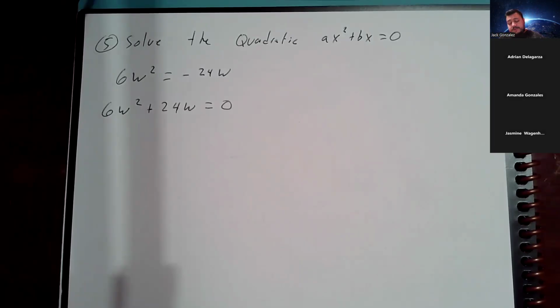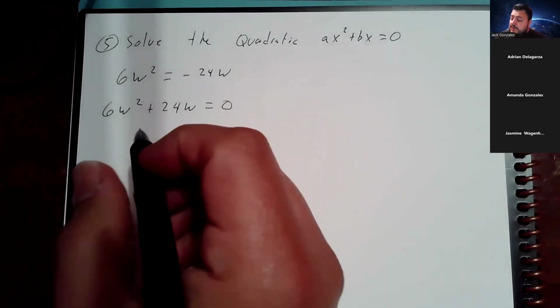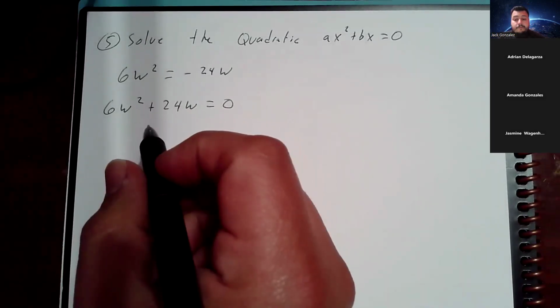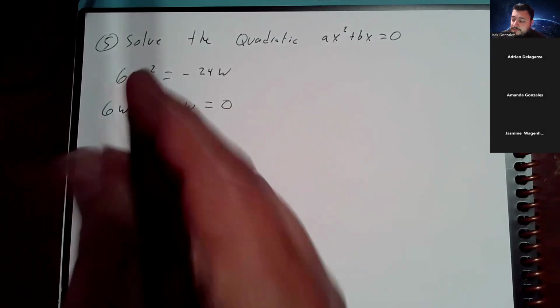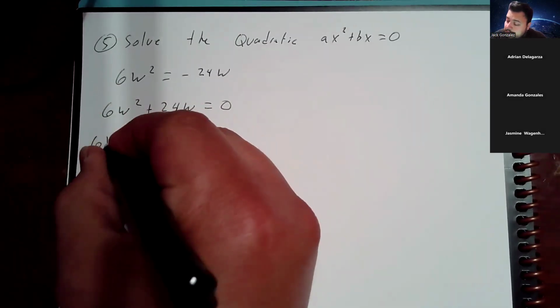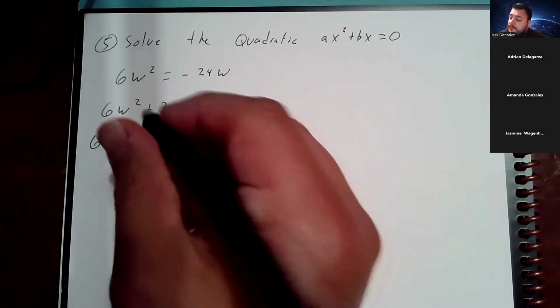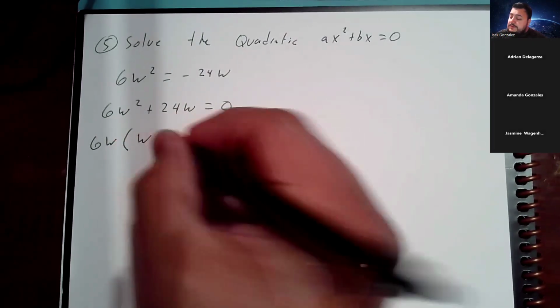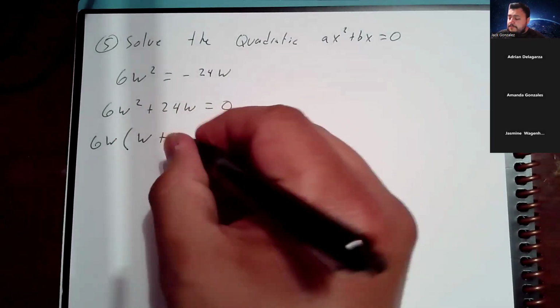Yeah, they're both divisible by 6 for sure. And what else do they have in common? 6 and something else, right? Yeah, both have W. I just saw your message there. So factor 6W out of there. And we're going to get W plus, what is that? 4?